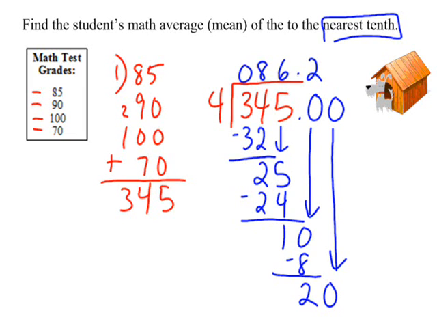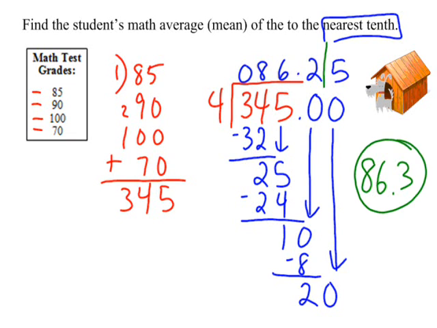Well, actually, it goes in perfectly. This is a terminating decimal. It ends. And if we're rounding to the nearest tenth, your average on those last 4 tests would be 86 and 3/10, or an 86.3% average on the last 4 math exams. So that's pretty much how you round to the nearest tenth when you're dividing.